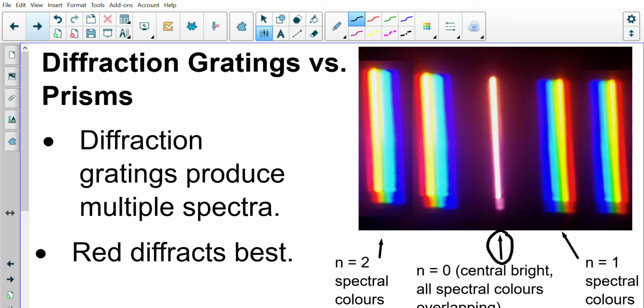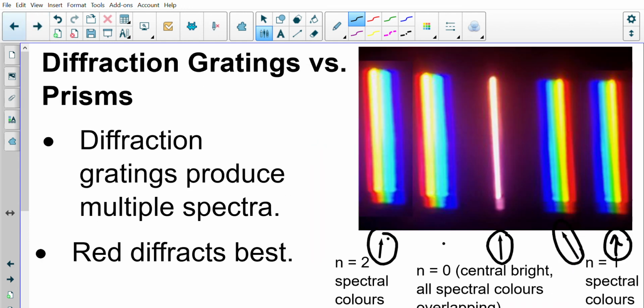And that's where n is equal to 0. And then right here, where we see this first set of colors, that's n equals 1. And then if I go out, so here and over here where I'm seeing the second set of colors, that's n equals 2. So when we look at this diagram, we're not just seeing one spectrum, we're seeing multiple spectra. There's 4 of them on this diagram. 1, 2, 3, 4.